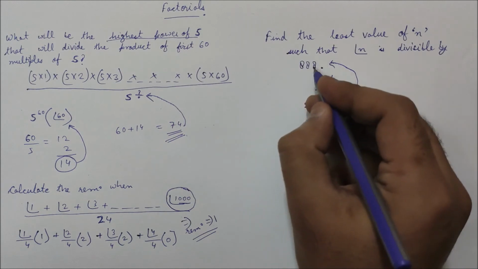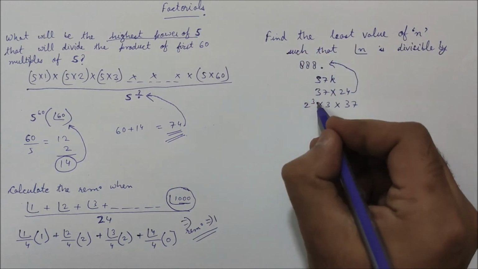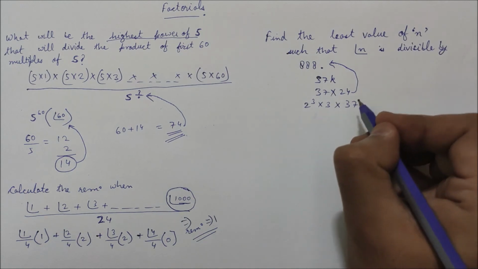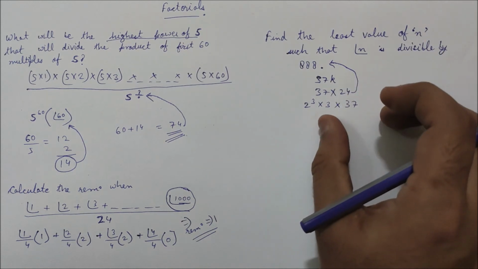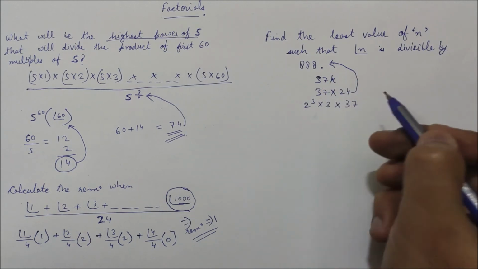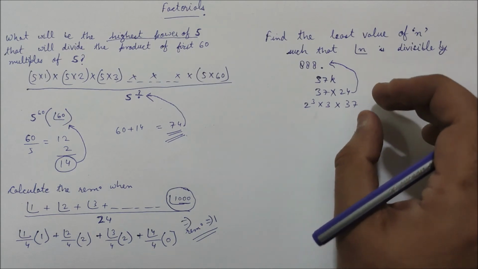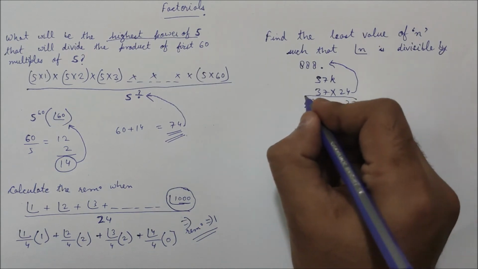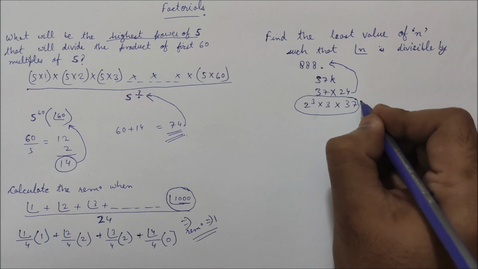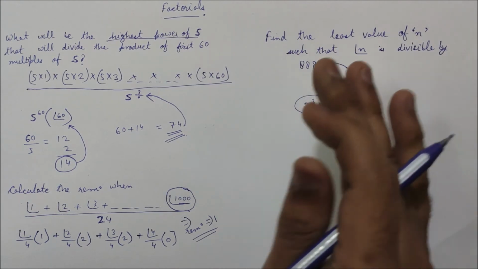Any number divisible by 888 should be divisible by 2 cube, 3 and 37 simultaneously, right? So in the factorial, the highest powers should be at least one 37, at least one 3, and at least three 2's.